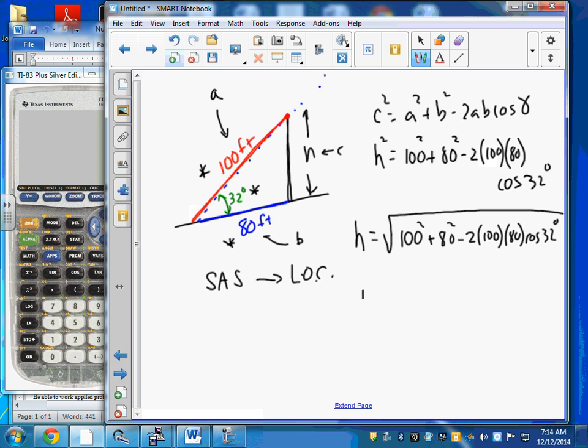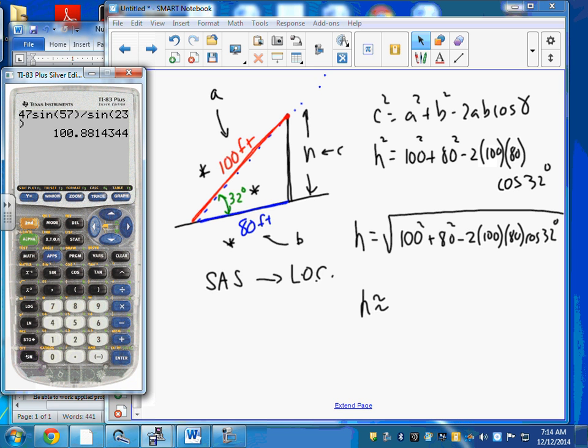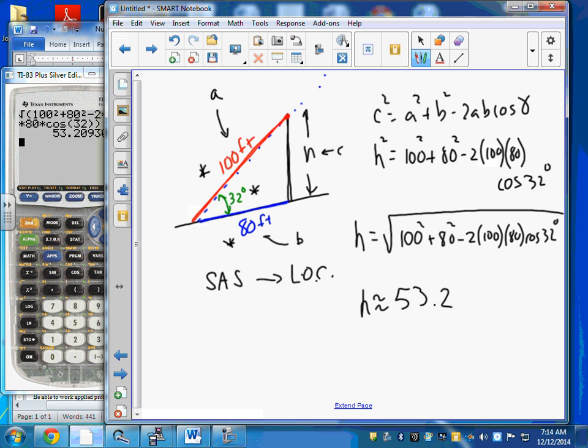At that stage, I'll just go straight to my calculator and let the calculator do all the work. The tower is approximately 53.209. And what were our units? Our units were feet. 53 feet tall to the nearest thousandth.